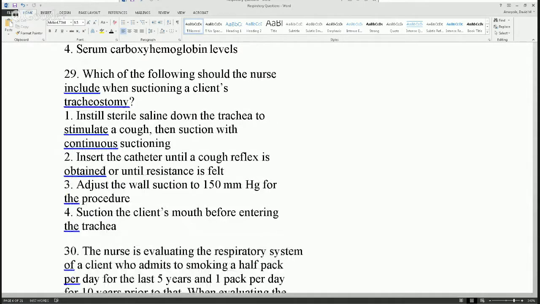Another one for you. Which of the following should the nurse include when suctioning a client's trach? Oh, gosh.